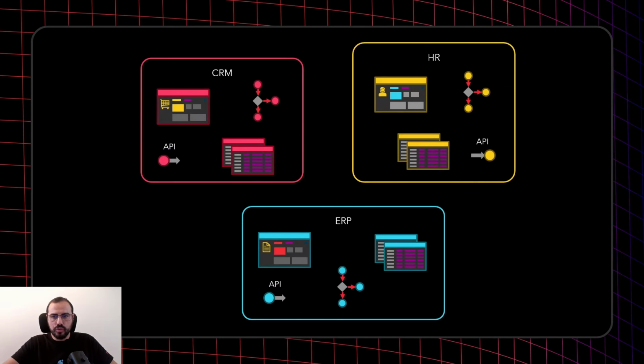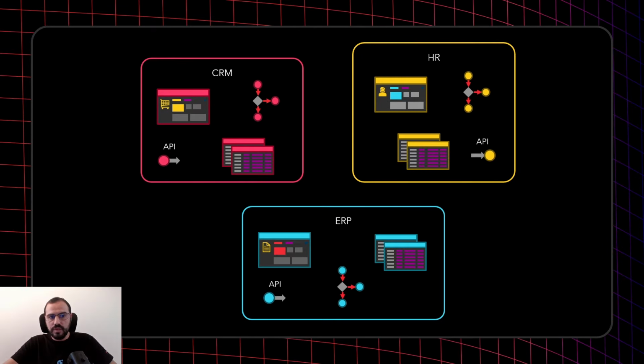So let's look into a typical scenario of an enterprise, right? So imagine that we have a business, and that business uses or has a CRM application, or a CRM domain, an HR domain, and an ERP domain.